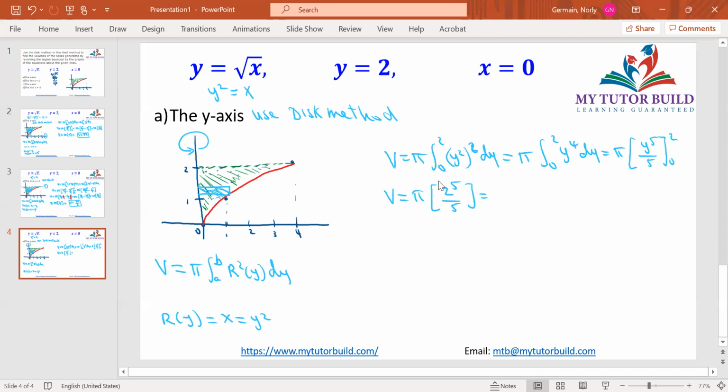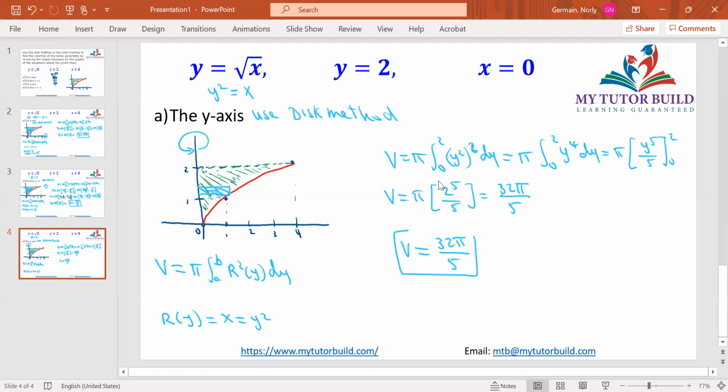And if you plug in 0, it won't change anything, because it's going to be minus 0, so you don't need to do it. So 2 power 5 is 32. So it will be 32 pi over 5. And that's the volume when you revolve around the y-axis, 32 pi over 5.